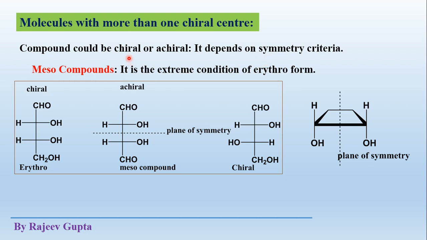Note on the number of chiral carbon atoms: if a molecule contains only one chiral center, then that molecule will always be chiral. But if a molecule contains more than one chiral center, then it could be chiral or achiral.